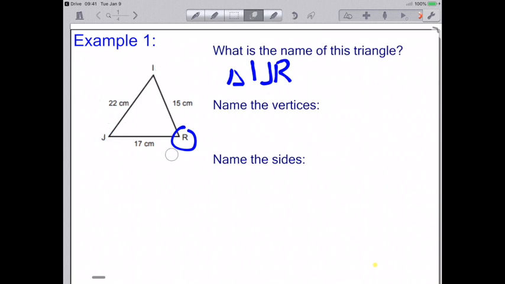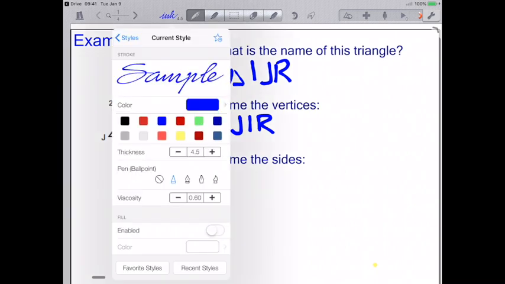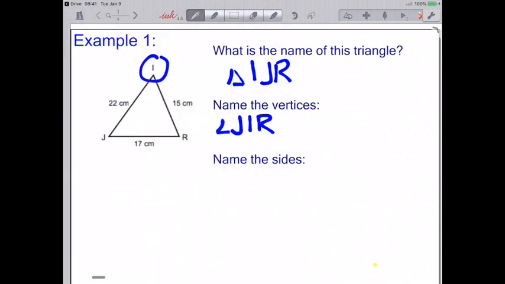Now when I name the vertices, I'm going to name each of the angles. So if I start with the first angle, say angle I, I'm actually going to name this using 3 letters, just so we practice naming angles properly. So I can name it angle JIR. I could also name that angle RIJ, but I will stick with that one. Now if I want to name angle R, I'm going to name it IRJ.